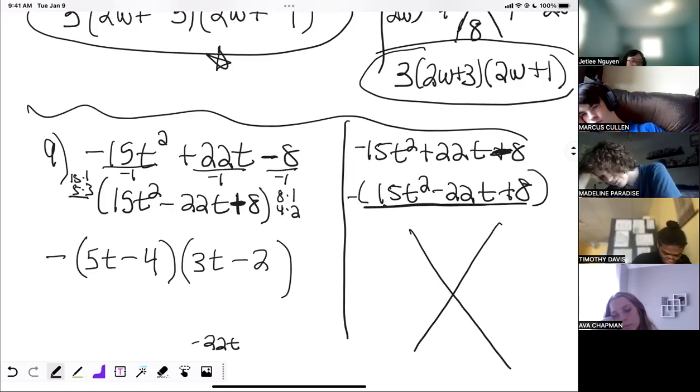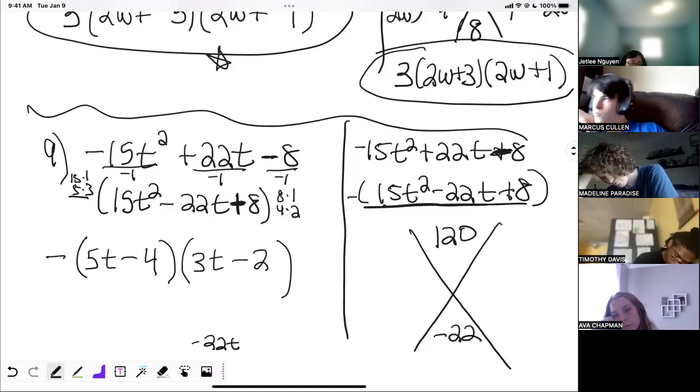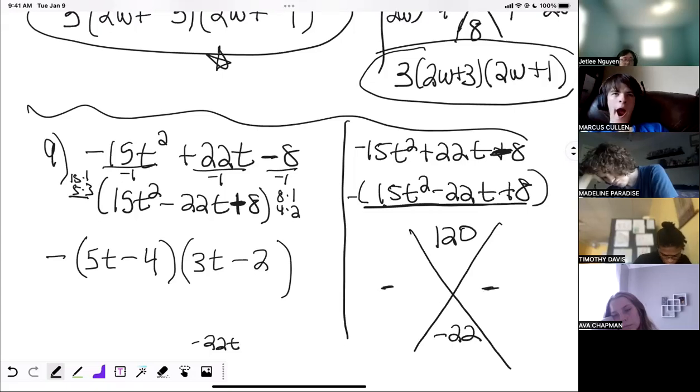So 15 times 8, 120. And I have negative 22. You take the signs with it. So you multiply the first and last, and you bring down the negative 22. So I need two things that multiply to be 120, but will add up to be negative 22, which means they have to be negative and negative, because a negative plus a negative is a negative 22, and a negative times a negative makes a positive 120.